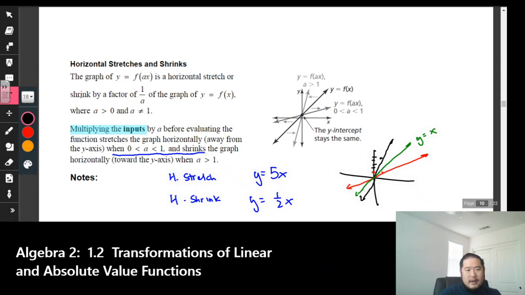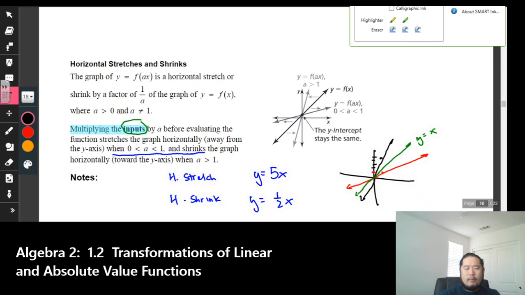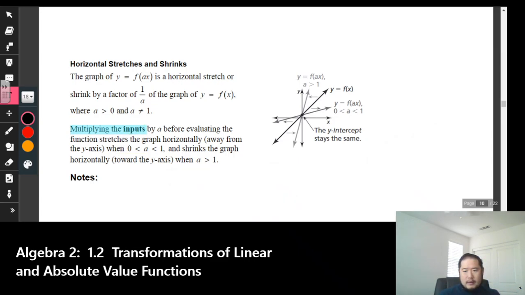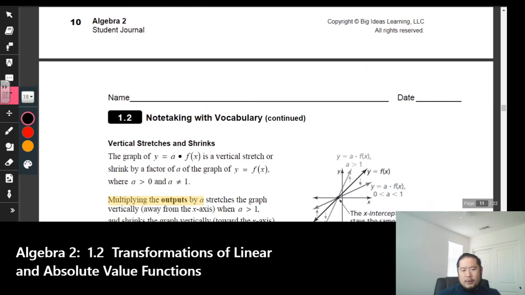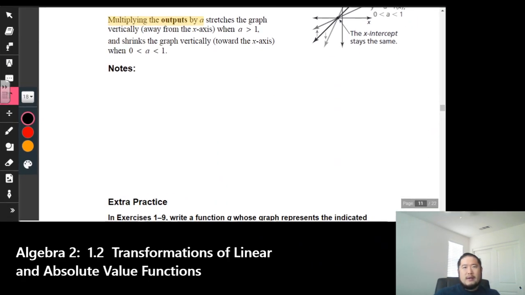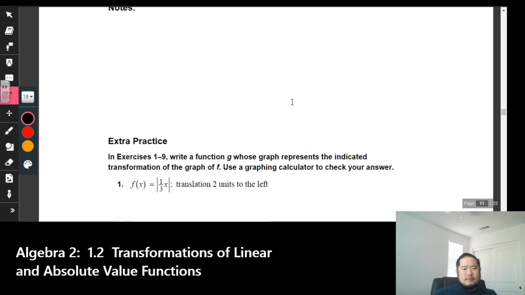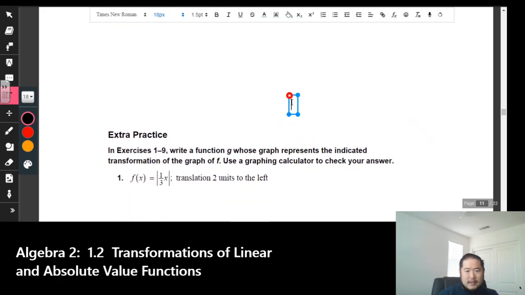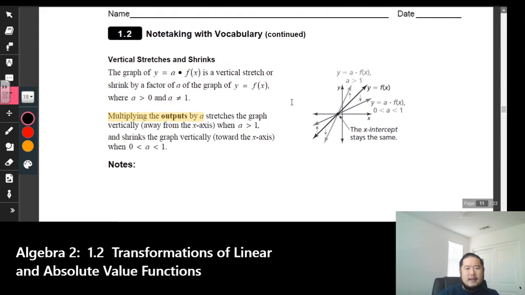Key term right here, you are multiplying the input, meaning you're only multiplying it to the x value. As opposed to right here, when we take a look at our vertical stretch and shrink, the A value will be impacting the entire function, and you're multiplying the outputs, as it says.